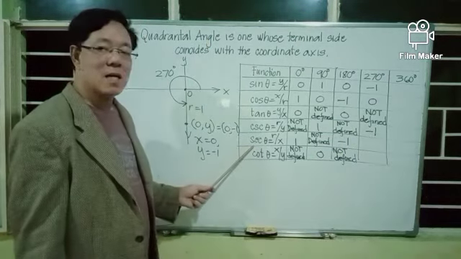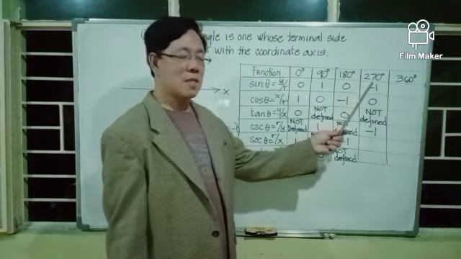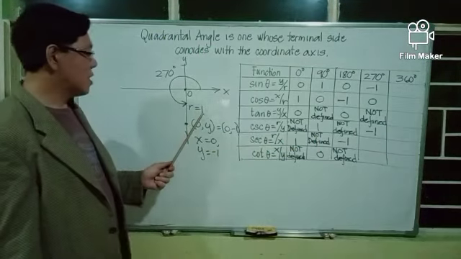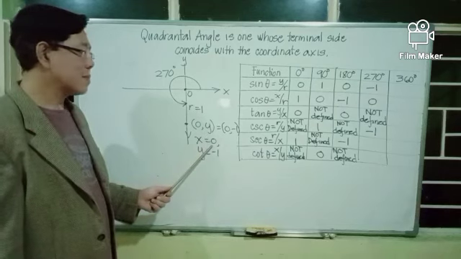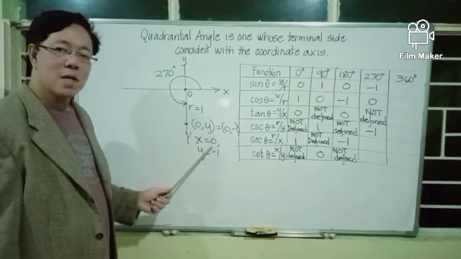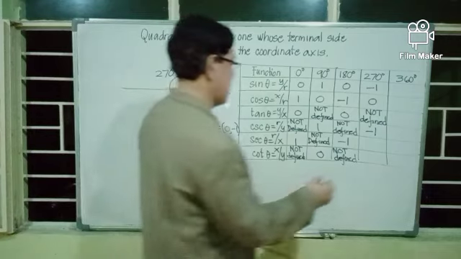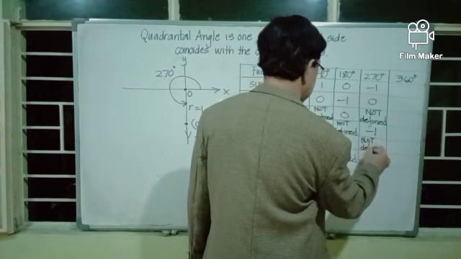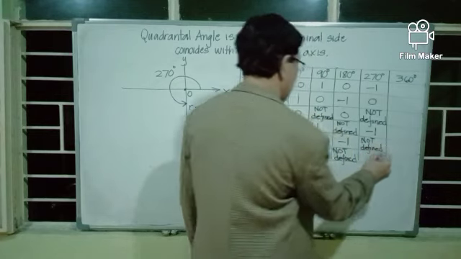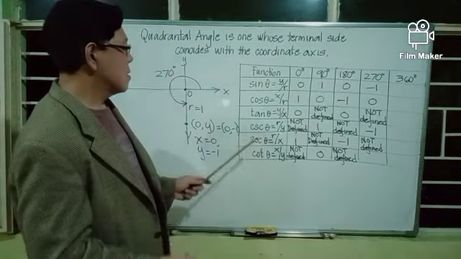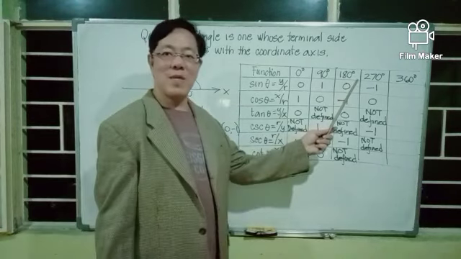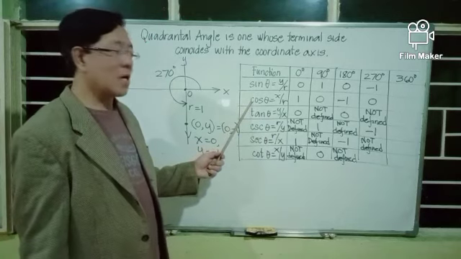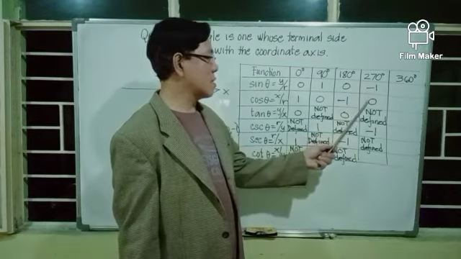Next, we find secant of 270 degrees. And it's equal to r over x. R is 1 and x is 0. And 1 divided by 0 is not defined. Or secant of 270 degrees is the reciprocal of the value of cosine of 270 degrees, which is 0.